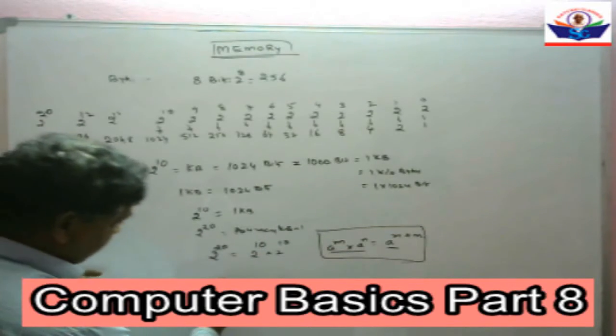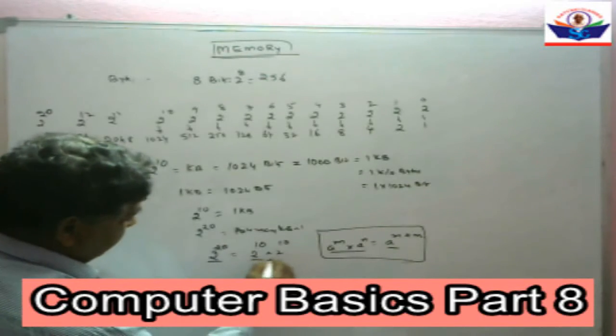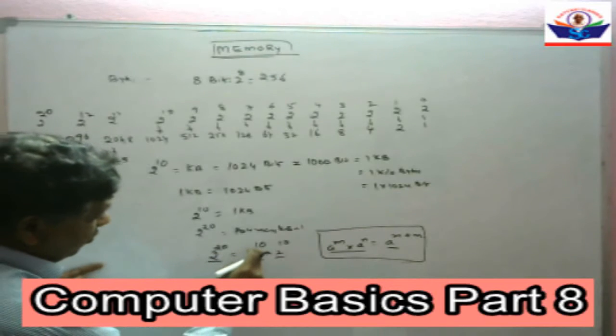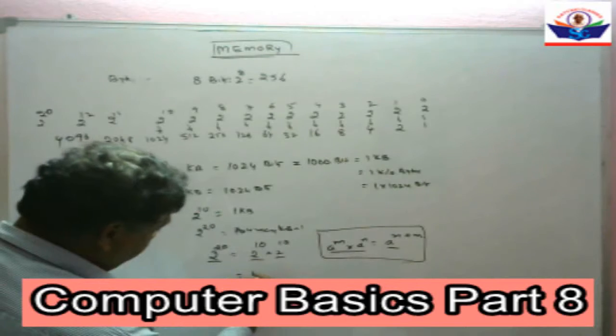2 to the power of 10, the base is the same. So we can write 2 to the power of 20 as 2 to the power of 10 and 2 to the power of 10. What is the value of 2 to the power of 10? 1 KB.